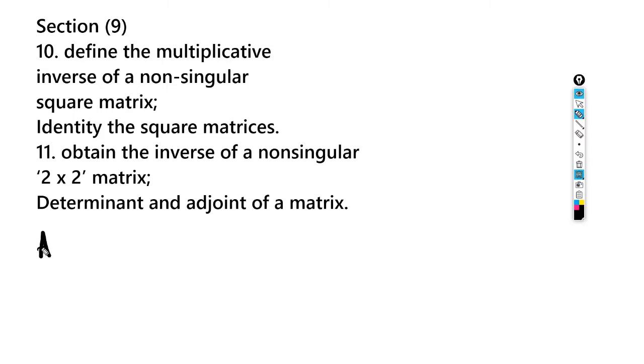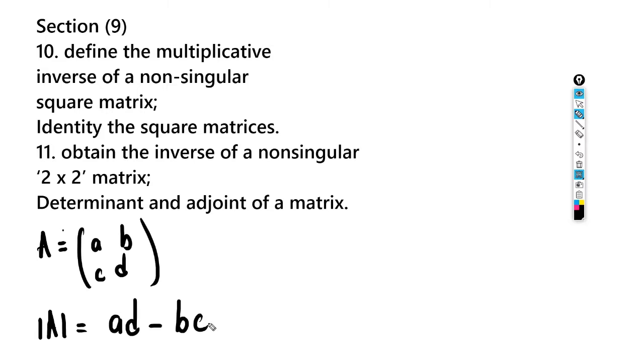So let's say you have a matrix A, right? A is equal to A, B, C, and D. The determinant, that's a symbol for the determinant, is equal to AD, which is the main diagonal, minus BC, which is the other diagonal.